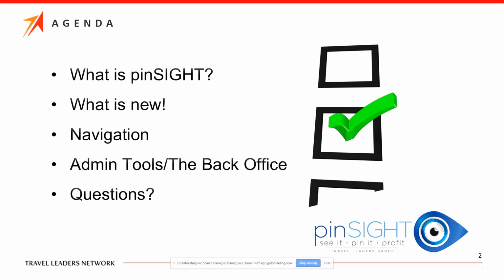So today's agenda, we'll talk about what is pinSIGHT a little bit, just to review. Maybe if some of you didn't really use the current version, I'll just give a brief overview of what the application is. We'll talk about what's new, so again, some of the new exciting features that have changed and some things that are coming next week. I'll walk you through the navigation, so how to use the tool in the booking process.